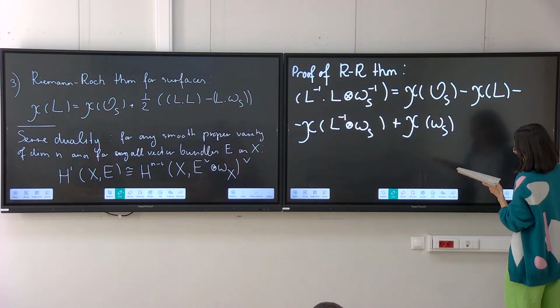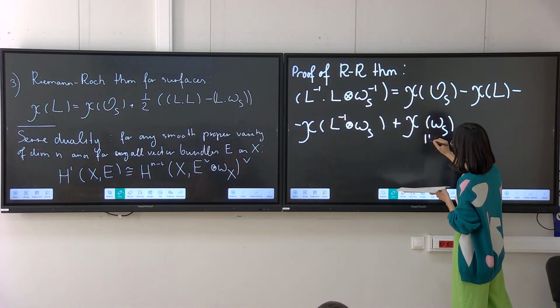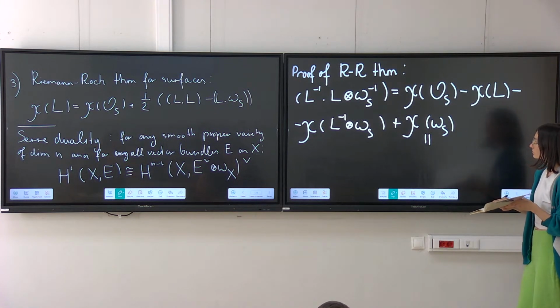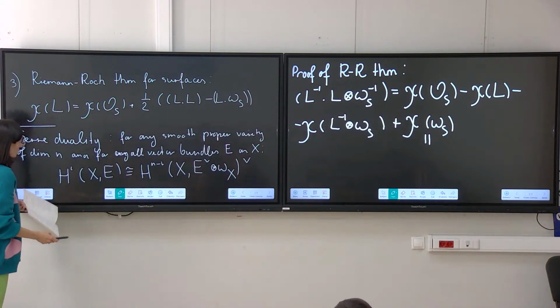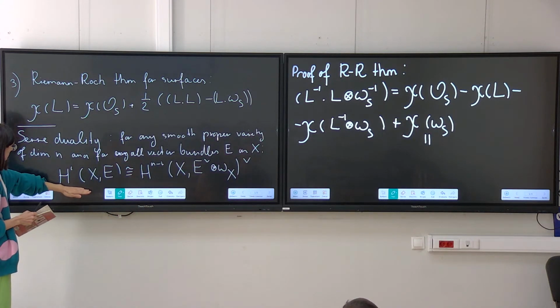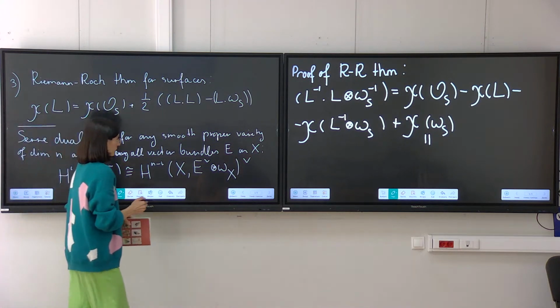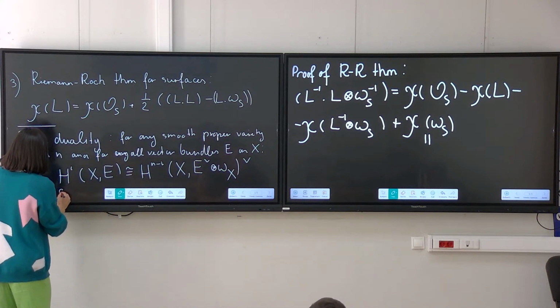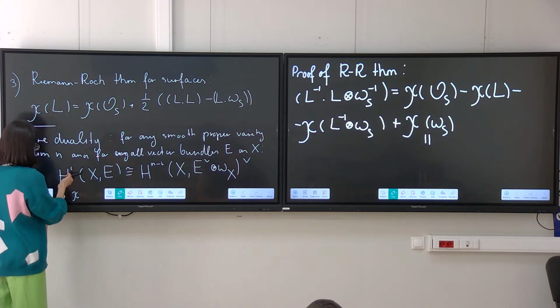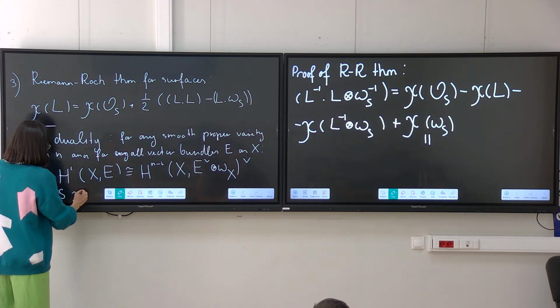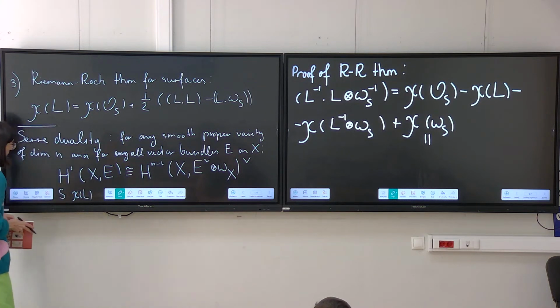Now we are using Serre duality. What does this isomorphism tell us in the case of a surface about the Euler characteristic of a line bundle on the surface?